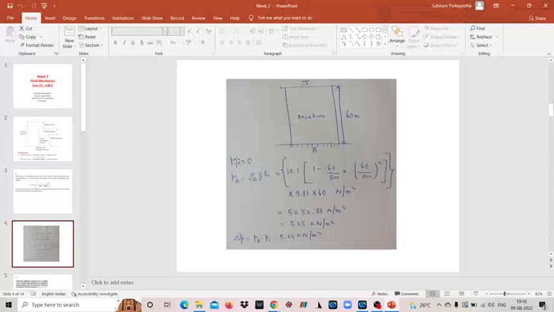See, here nothing has been mentioned whether you're finding the absolute pressure or the gauge pressure. If you want, you can find the absolute pressure also. For finding absolute pressure, you need to add the value of the atmospheric pressure.